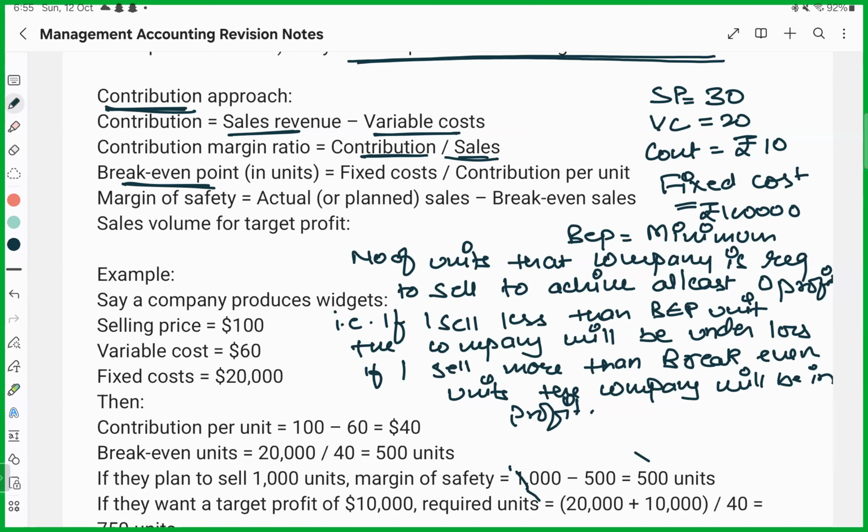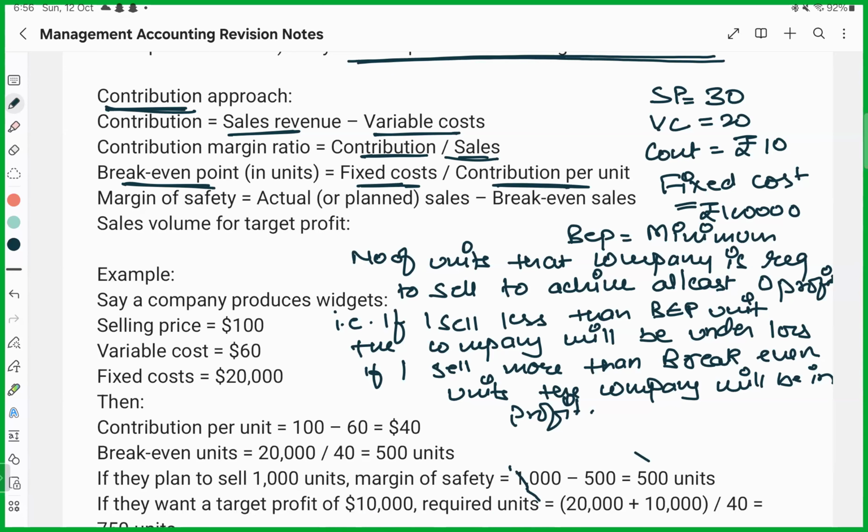So how is the break even point calculated? Break even point is calculated by the formula of fixed cost upon the contribution that the company is making per unit. This will give me the number of break-even units that are required to achieve at least zero profit.